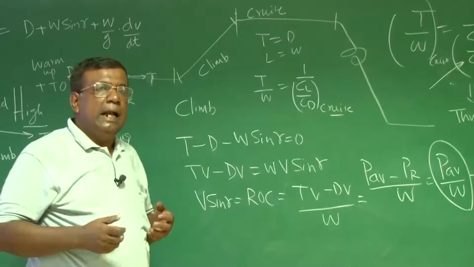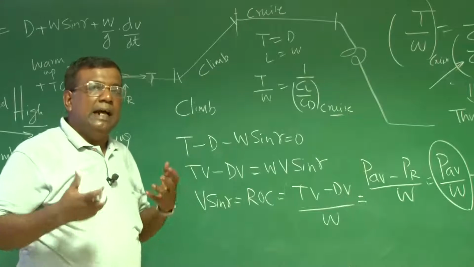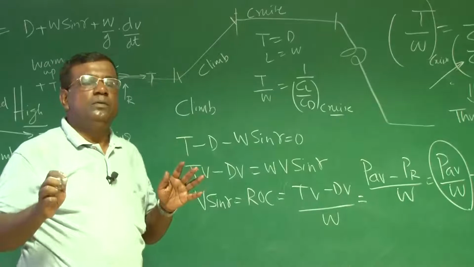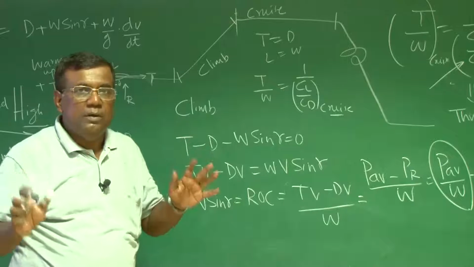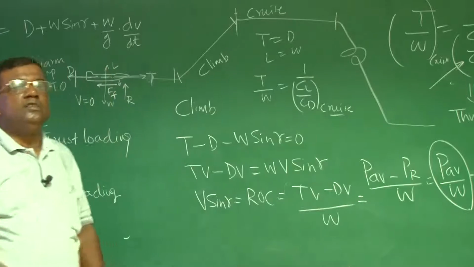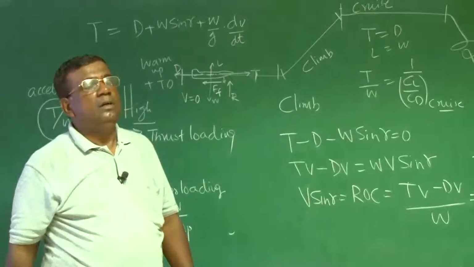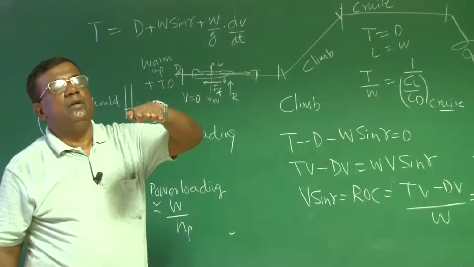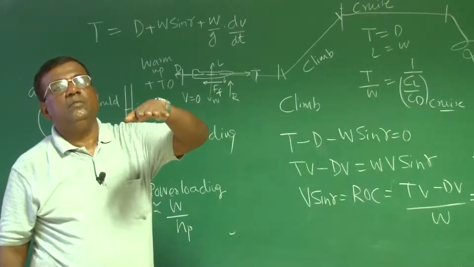Assuming that at that speed, at that dynamic pressure, the structure will be good enough to withstand the load. That is the assumption. Because you cannot go on increasing the speed or the dynamic pressure. Why am I saying dynamic pressure? At sea level, you may be able to fly the machine at 300 meters per second.